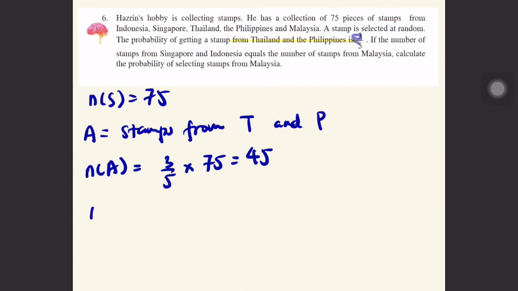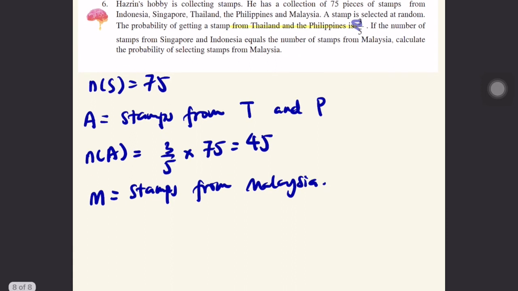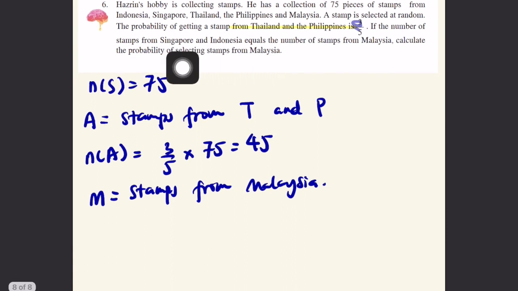Let me write M is equal to stamps from Malaysia. Okay, so we know earlier how many countries do we have? 1, 2, 3, 4, 5. We have 5 countries: Indonesia, Singapore, Thailand, Philippines and Malaysia.